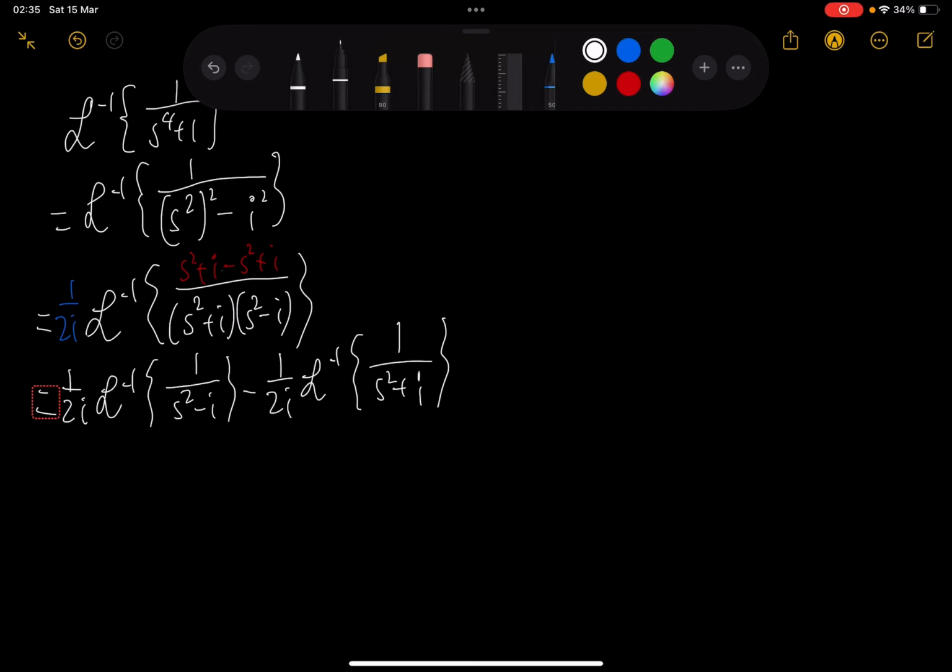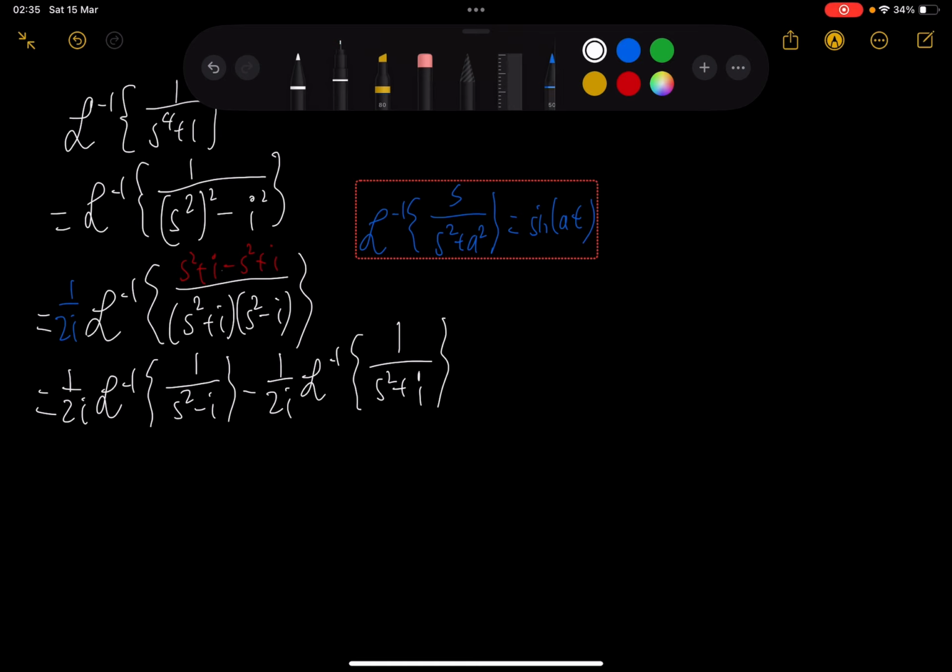And then we are going to use the formula: the inverse Laplace transform of s over s^2 plus a^2 is equal to cos(at). Yes, always the variable t.